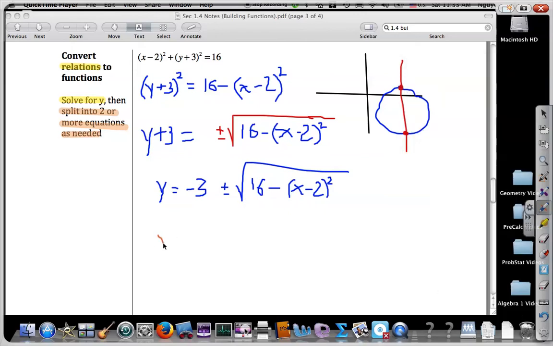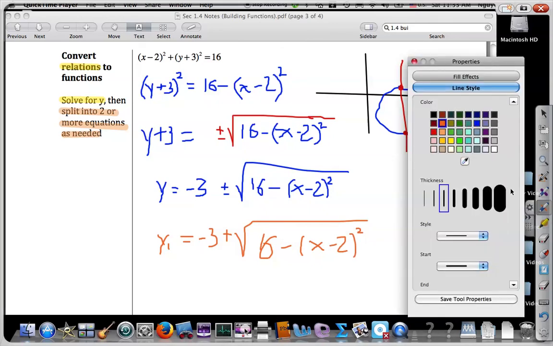I can say y1 is going to be equal to -3 plus only the square root of 16 minus (x - 2)^2.